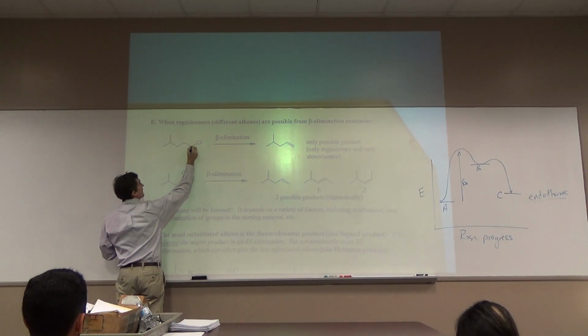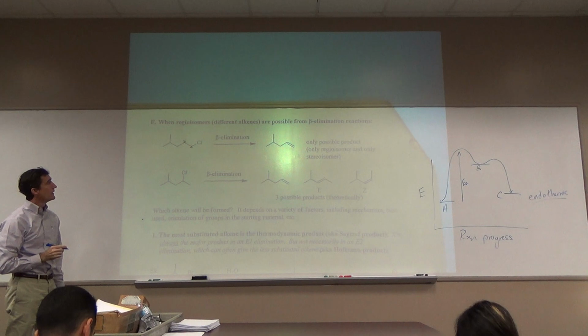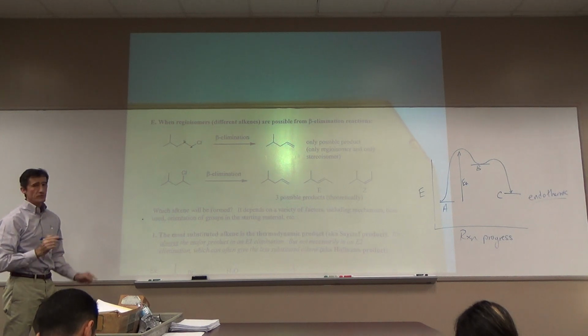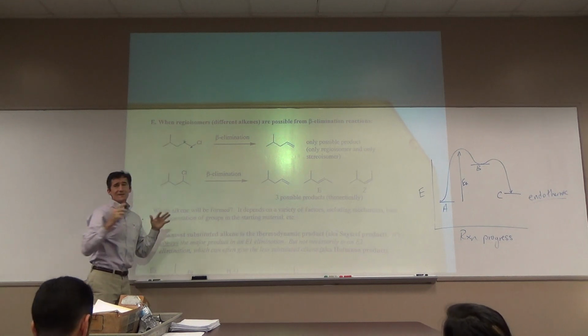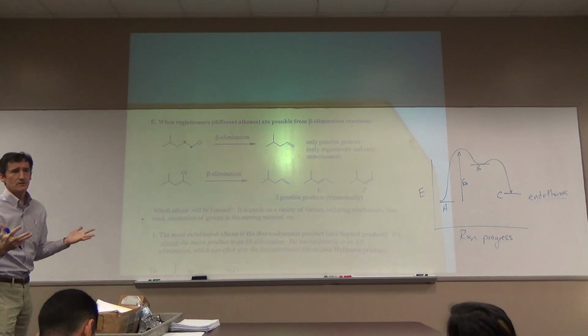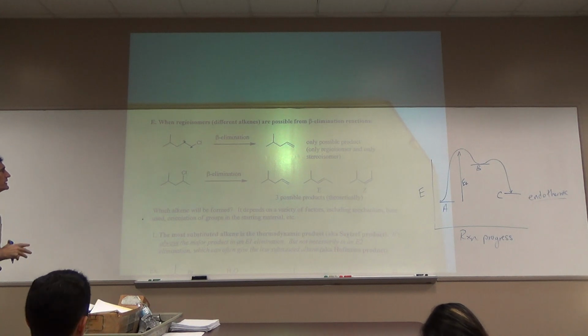Because that's the alpha carbon, there's only one beta carbon. Thus, there's only one type of beta hydrogen. There's 2 there, but they're identical. So there's only one type of beta hydrogen, because there's only one beta carbon.